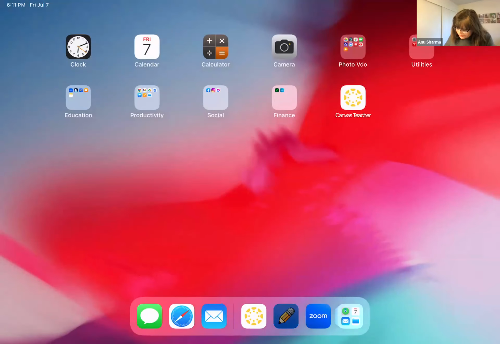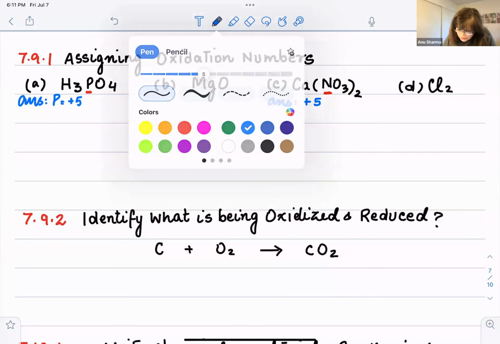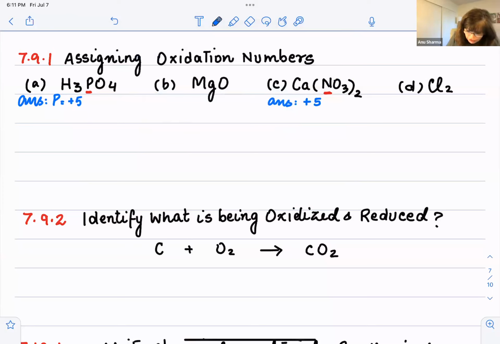So now let's look at these types of questions, assigning the oxidation numbers, for, let's say, phosphorus. So I'm writing the oxidation numbers in brackets while doing the calculation. For phosphorus, we are going to find it, so let's consider phosphorus to be X. Here, 3 hydrogens, each having +1 charge.